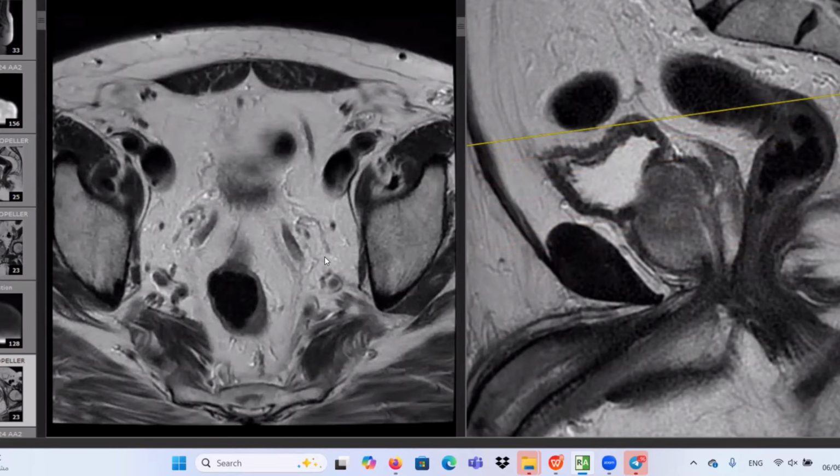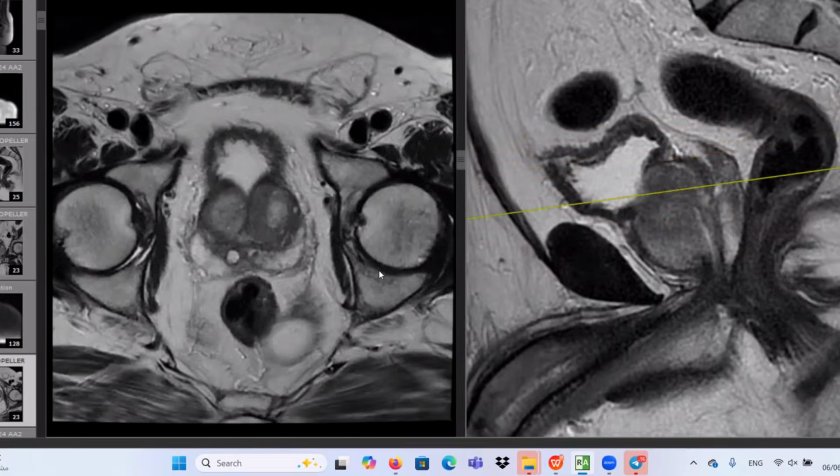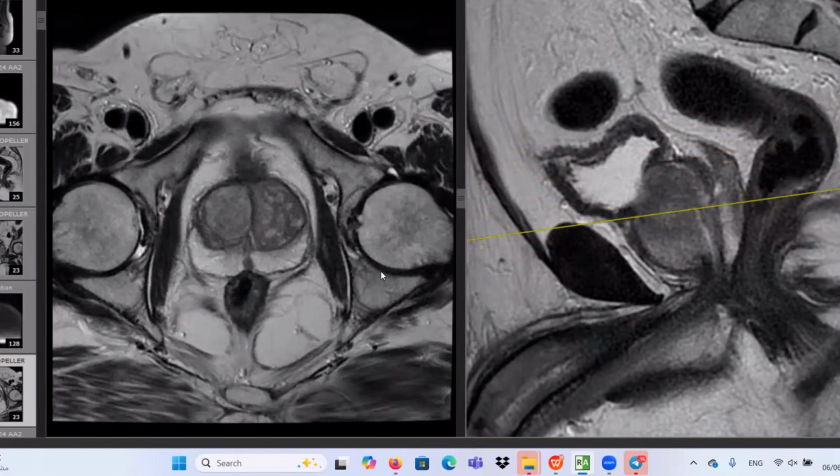You should check also the internal iliac lymph nodes along the internal iliac vessels, external iliac lymph nodes, and also the presacral lymph nodes, and also the obturator internus lymph nodes. Presacral, obturator internus, external iliac, and internal iliac lymph nodes are considered as lymph node spread of the prostatic cancer.